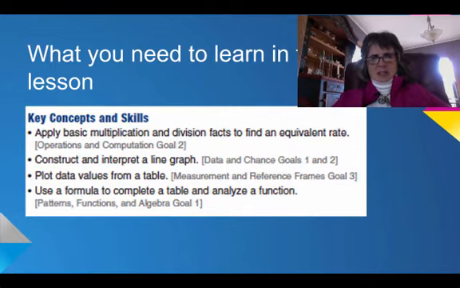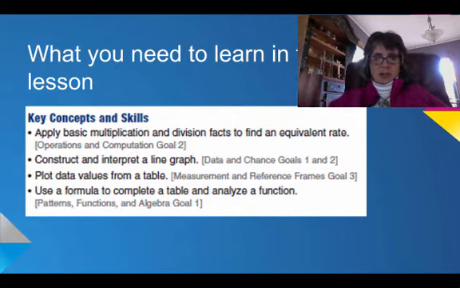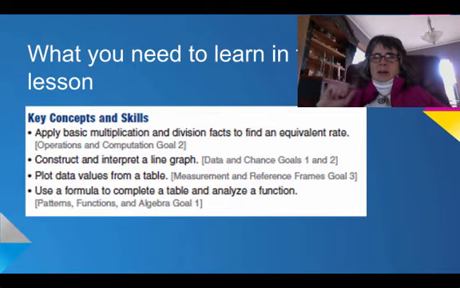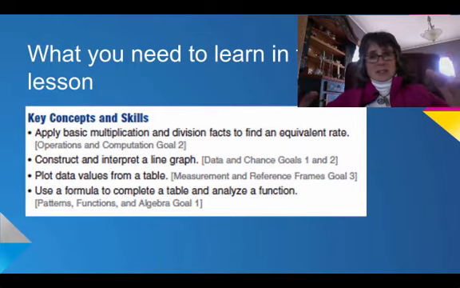Now, in this lesson, you're going to think about your basic multiplication and division facts, and that'll just kind of whoosh. You'll have that information, just be able to pull it out. You'll make and interpret a line graph, so you need to be able to look at a line graph and make sense of it.